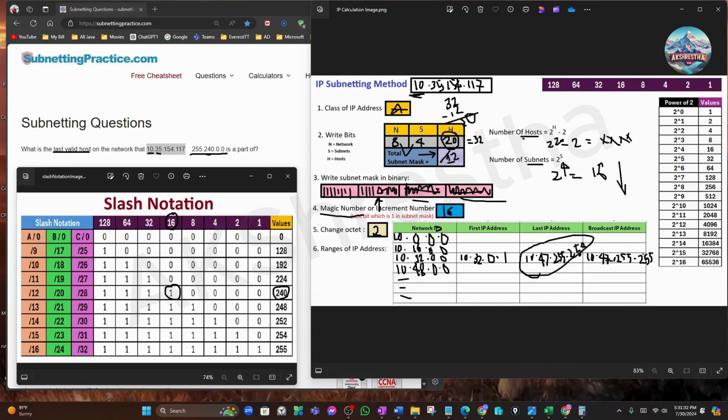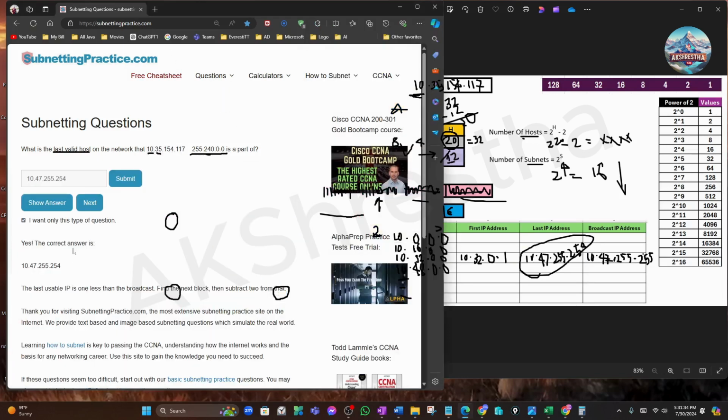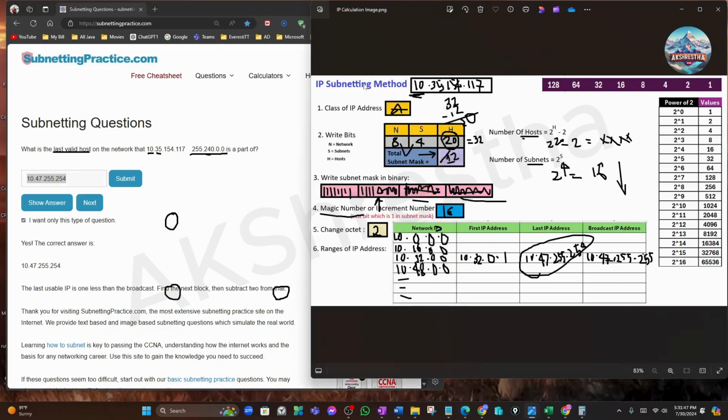That's why I wrote this answer here, 10.47.255.254. If you follow this subnet method, you can easily figure out your answer. So this is it for right now.